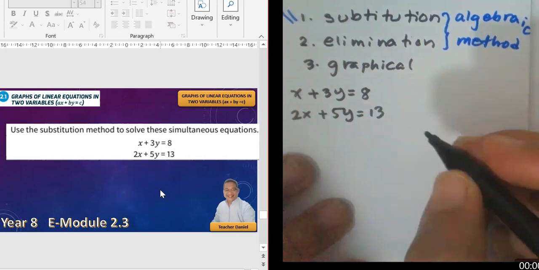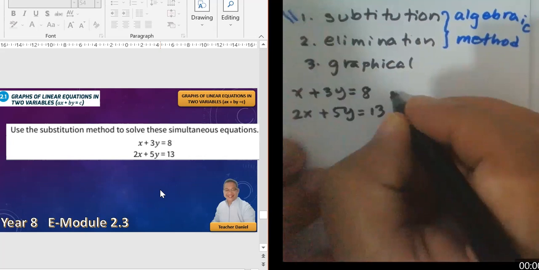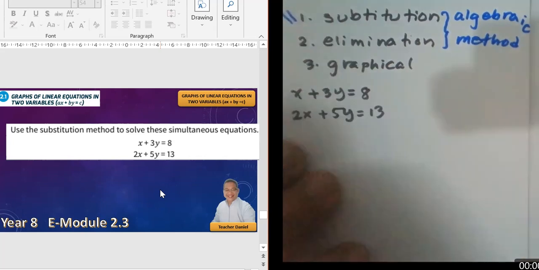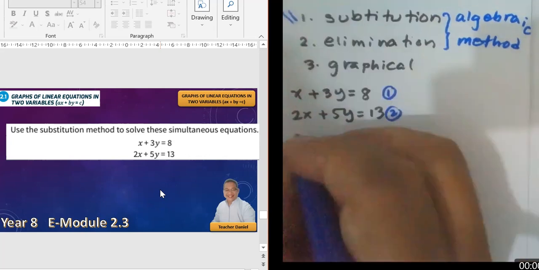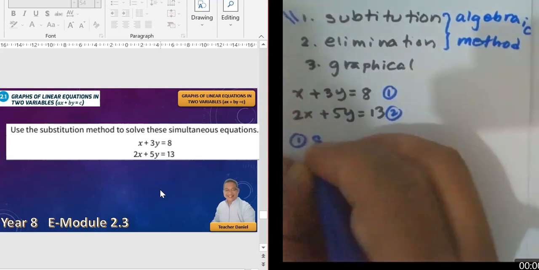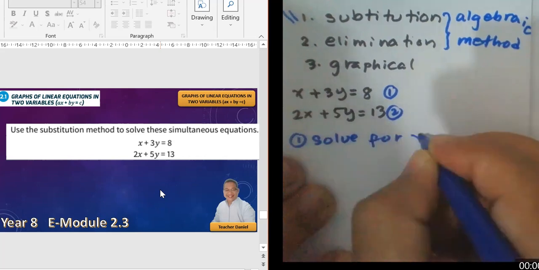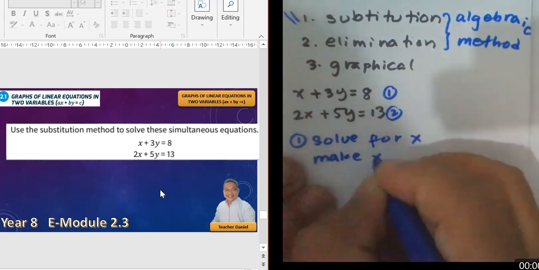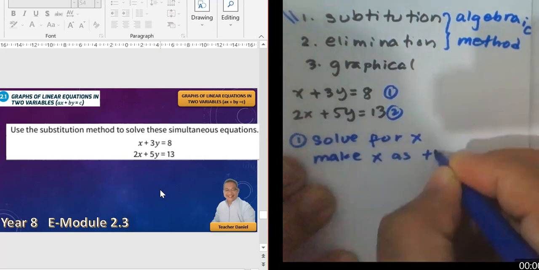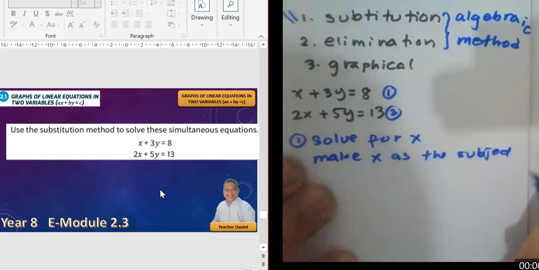So step one in substitution is to solve for x. Let's say that's equation one, and that's equation two. In equation one, solve for x, or not actually solve, but make x the subject.